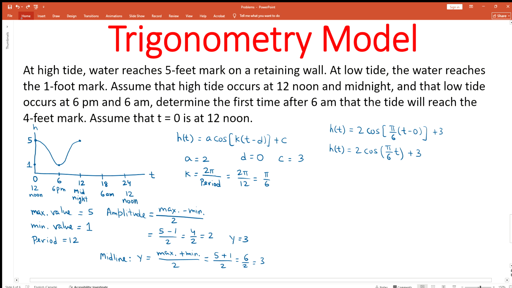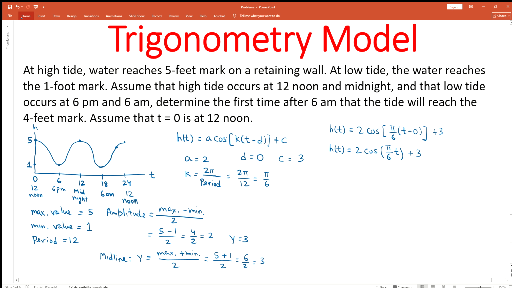We can use this information to draw the second cycle for this graph. We have to find the time when the height reaches 4 feet after 6 a.m. So that will be somewhere here on this graph.